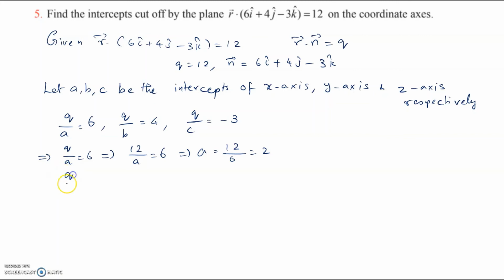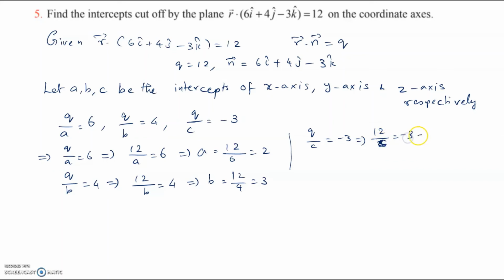Similarly, q by B is equal to 4, so 12 by B is equal to 4, which means B = 12 by 4, which is equal to 3. Similarly, q by C is equal to -3, which implies 12 by C is equal to -3, so C = 12 divided by 3, which is -4.